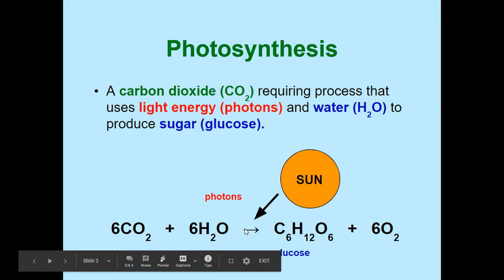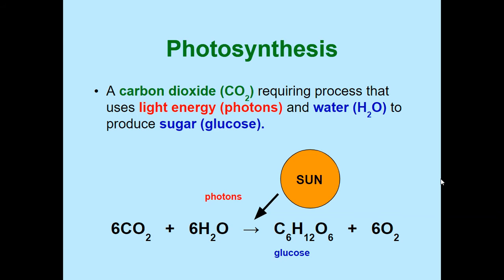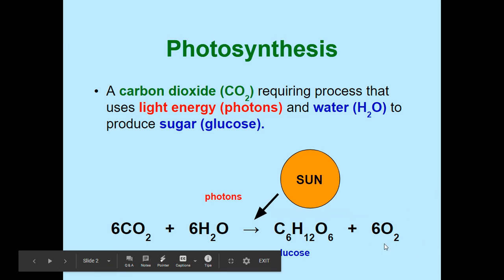And then the thing that we get at the end is this molecule, C6H12O6, which the other name for it is glucose. Glucose is another name for sugar. And then we also get oxygen out of it.